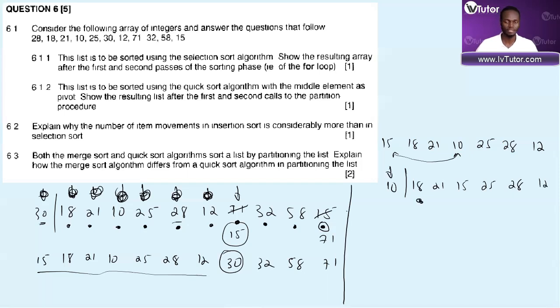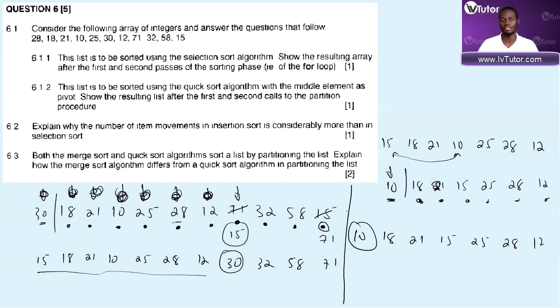I start looping. Is 18 less than 10? No. Is 21 less than 10? No. Is 15 less than 10? No. No, no, no. So all these are greater than your pivot, which means at the end of the day, you swap your small index with your pivot. Nothing changes. So I'm done. So 10 stays there. Then you have 18 there, 21, 15, 25, 28, and 12. And there's your pivot.